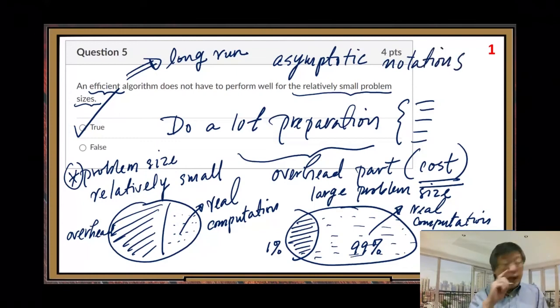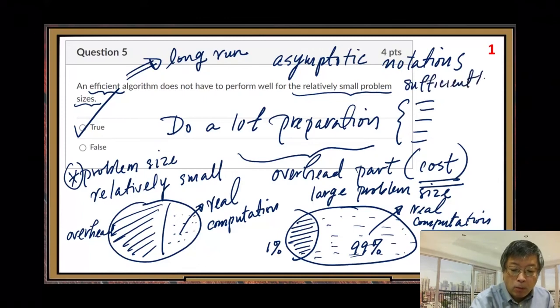Here I do not go through all the asymptotic notation. I only want to point out one special terminology we used in our definitions of asymptotic notations: sufficiently large. Did you notice that? Sufficiently large.